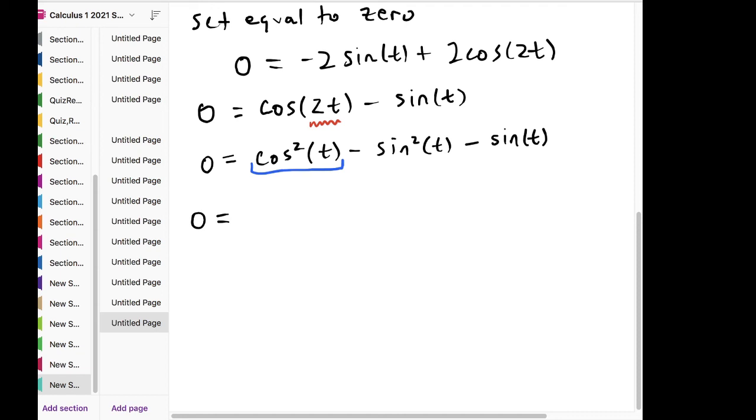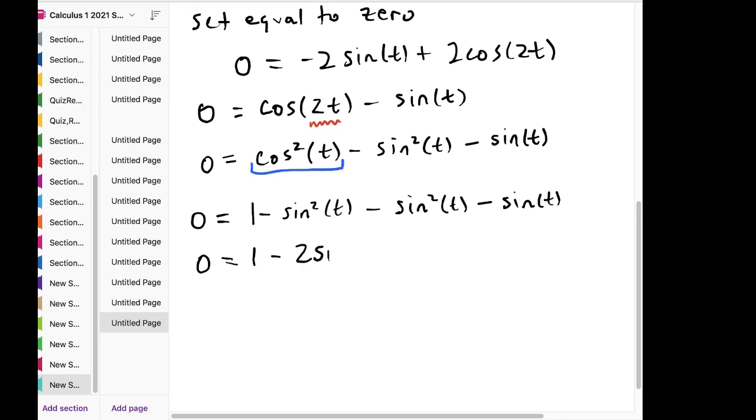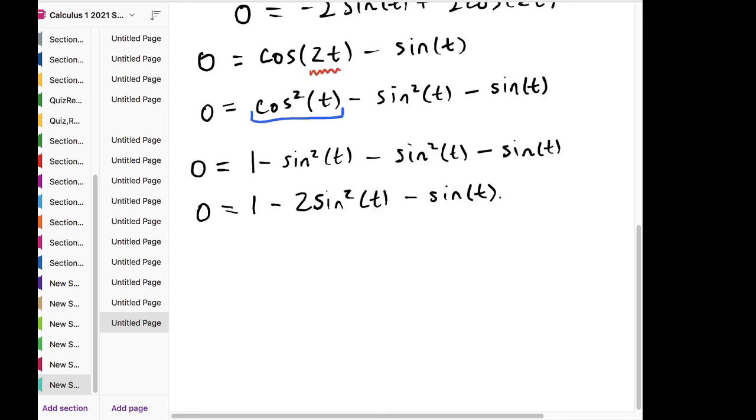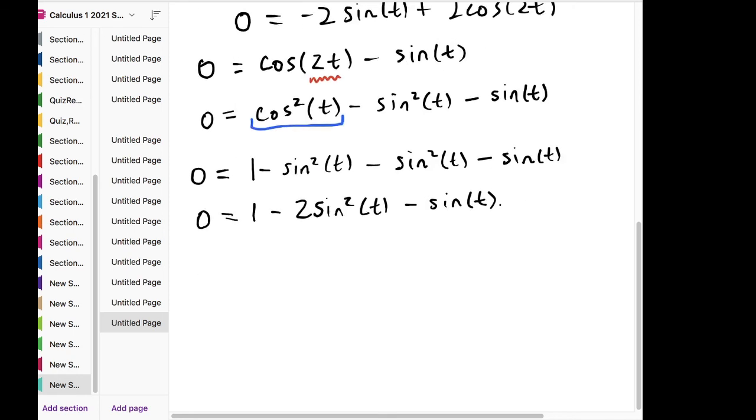Good, yeah, 1 minus sine squared. So this is how you get the other cosine double angle formula. The other cosine double angle formula is 1 minus 2 sine squared. But honestly, I never remember that because I think cosine squared minus sine squared is just easier to remember, and then you can just do this one step to figure it out.